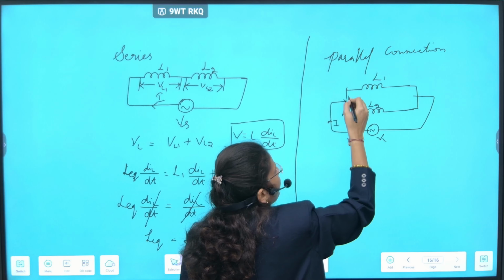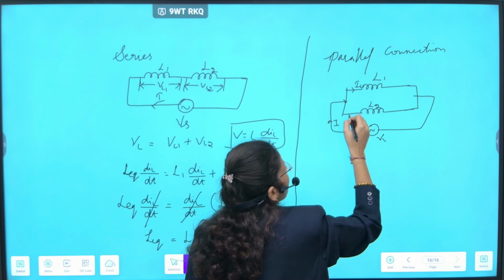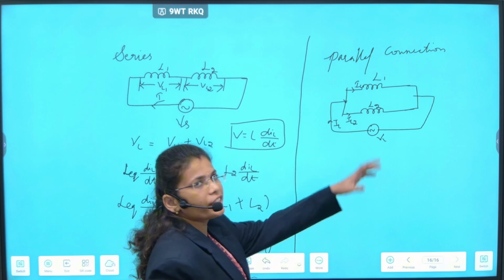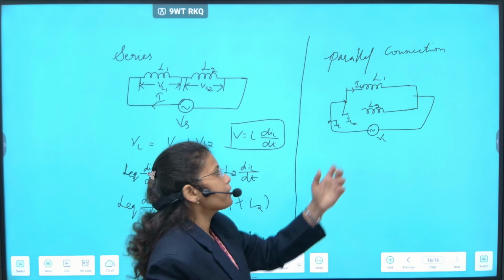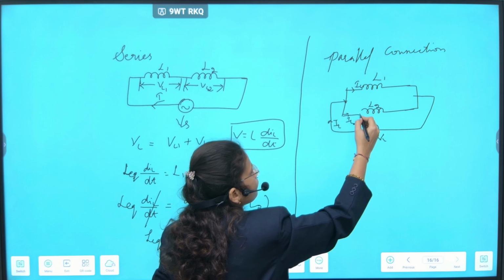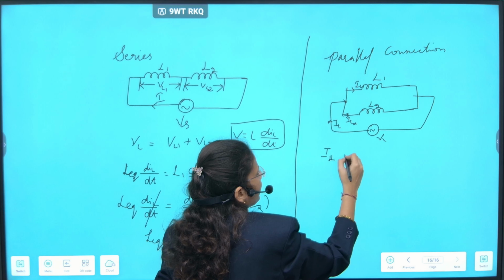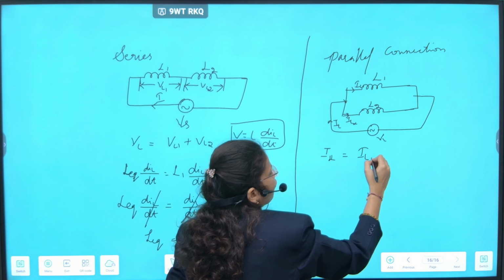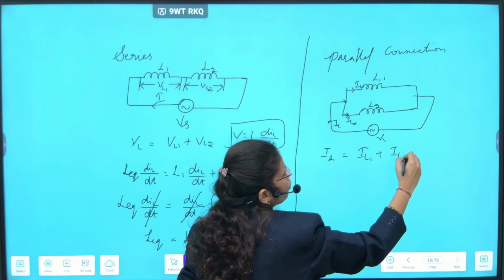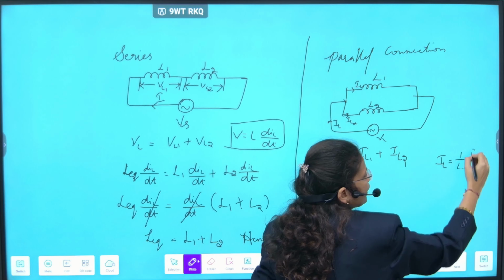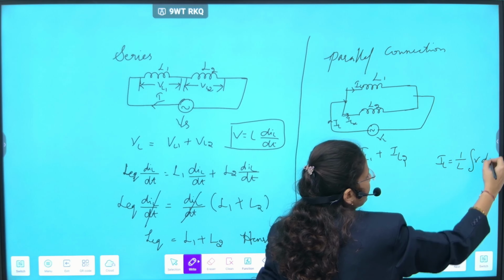Current is divided as IL1 and IL2, and the voltage across the inductors is the same, V. IL equals IL1 plus IL2, where the current equation is 1 by L integration of V dt.